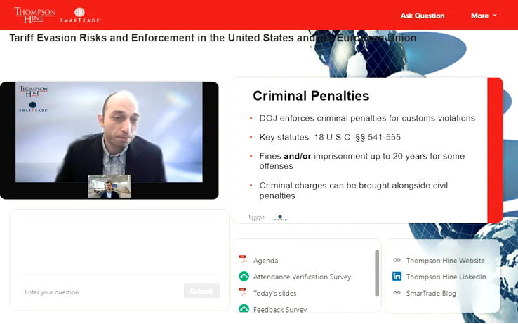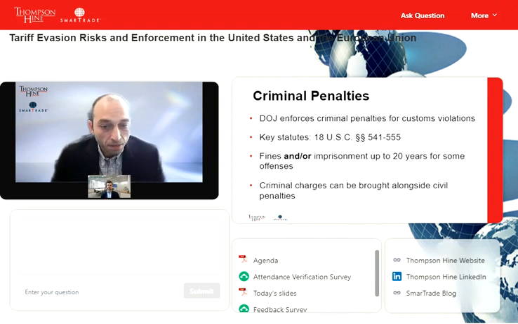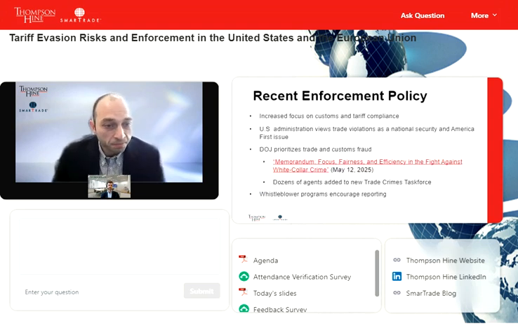These include prohibitions against knowingly importing goods with false certifications, classifications, or information, etc., or smuggling goods with intent to defraud the United States. And the fines and penalties could be up to 20 years of imprisonment for some offenses. And then the criminal charges can be brought alongside civil penalties, and there are various examples of that in the past.